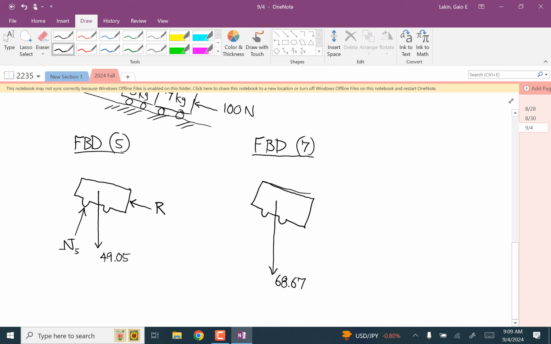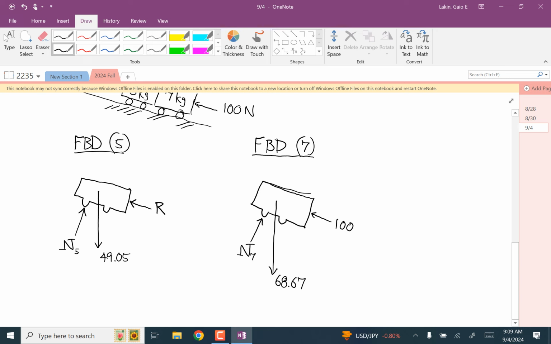There's a pushing force from the ramp, so perpendicular to the surface, toward the chosen body. I'll call that N7. There's the 100 Newton force that's given. We don't have to know what that's from.